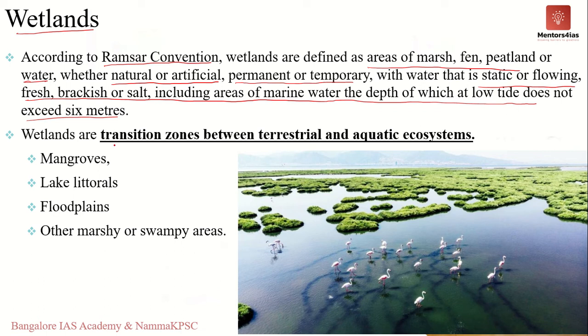So, simply put, wetlands are areas of intermediate character, that is, between deep water habitats and terrestrial habitats, and therefore it is a transitional zone in nature, which we always refer to as an ecotone.